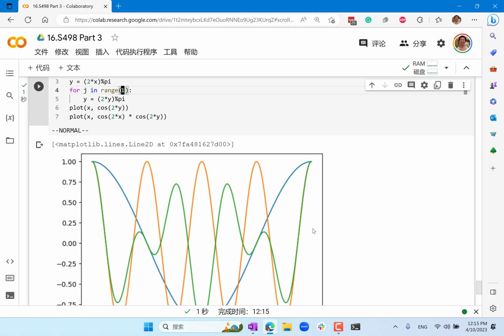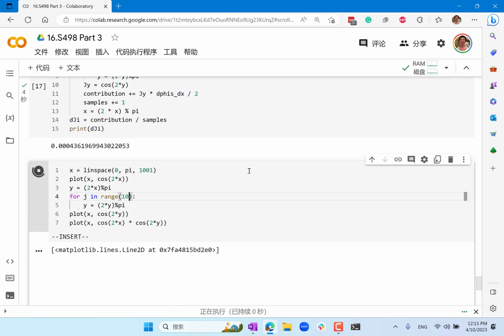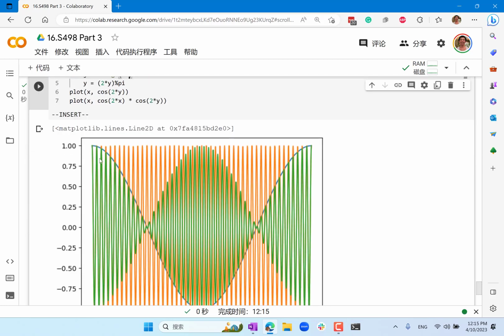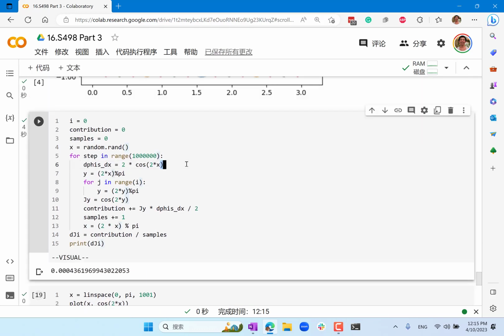Again, they should be exactly decorrelated, right? Decorrelated means if I take their correlation, the correlation should be 0. And if I make it 10, it should be the same. Again, the green function should average to 0.